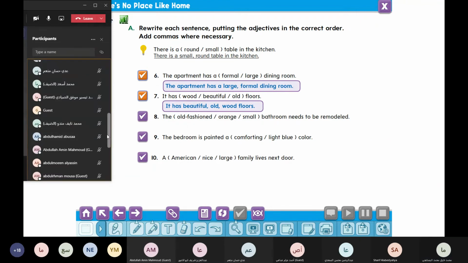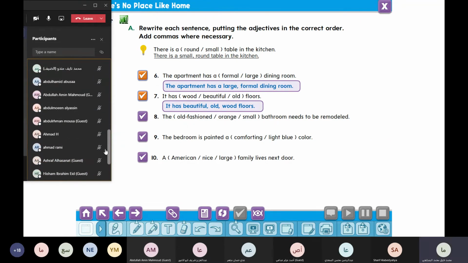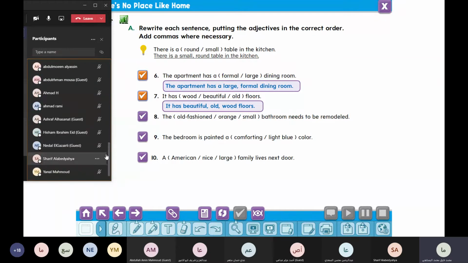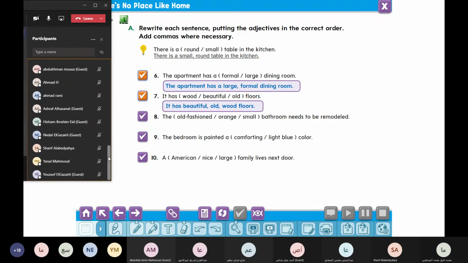Who can try? Ashraf, are you here? Yes, Mr. I'm here. The next, number 8. The old-fashioned bathrooms need to be remodeled.